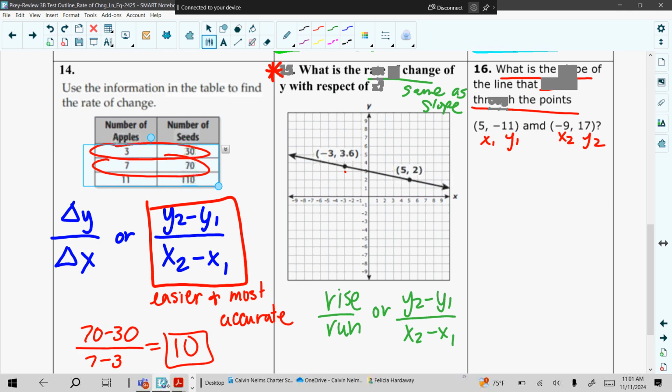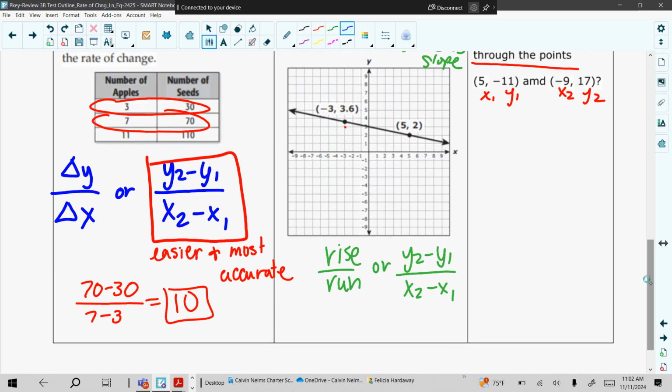Number 15, start. I need you to pay attention to this and understand why you should use the slope formula. So, first thing is, they tell us right here, rate of change, that's the same as slope. Stop talking while I'm instructing, please. Thank you. Okay. For this type of problem with the graph, you should be either counting rise over run or using slope formula.